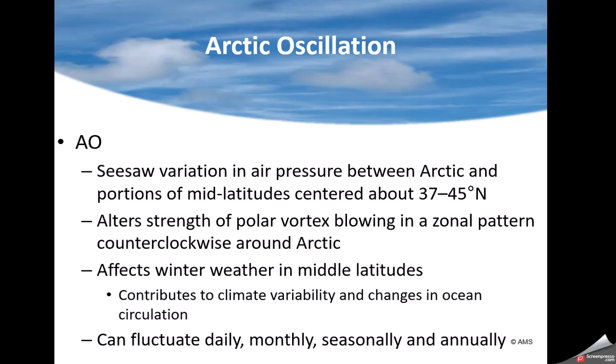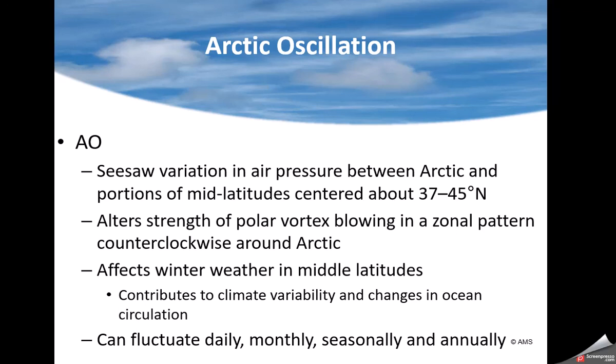When it begins to shift towards a negative and gets weaker, that circulation, the cold air can get into the United States, and that is when we get our extremely cold outbreaks. So this is something that is forecast into the future, and we look at this to try to determine maybe next week or the week after we can expect a major Arctic outbreak coming into the United States.